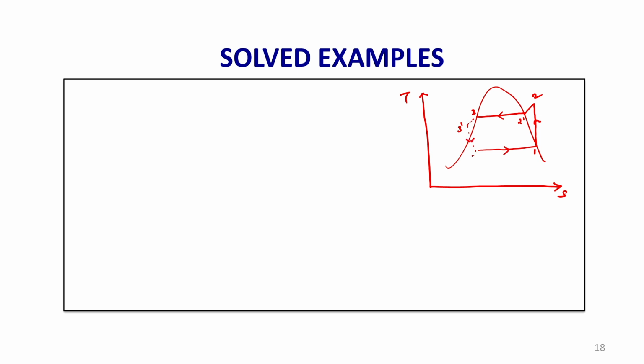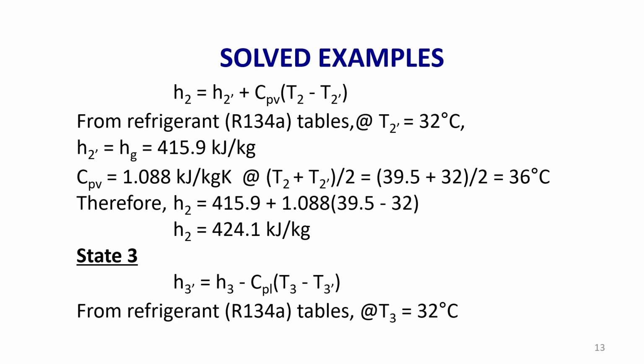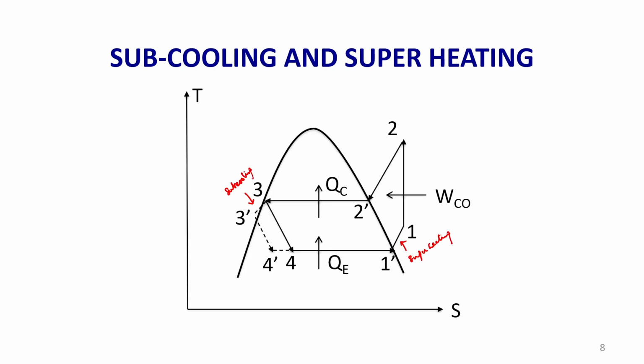This is 4 dash, this is QE, this is the work of compression WC, this is the heat rejected by the condenser. Here the evaporator temperature T1 is equal to T4 dash; all these temperatures are the same. This is subcooling, so this is the subcooling diagram.